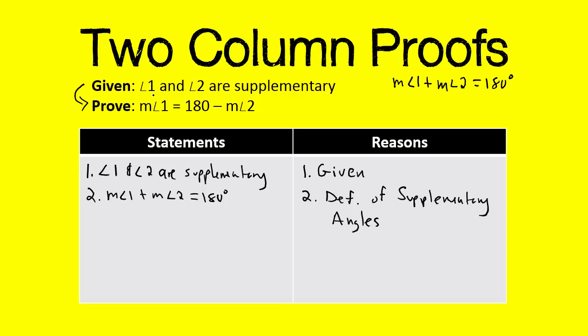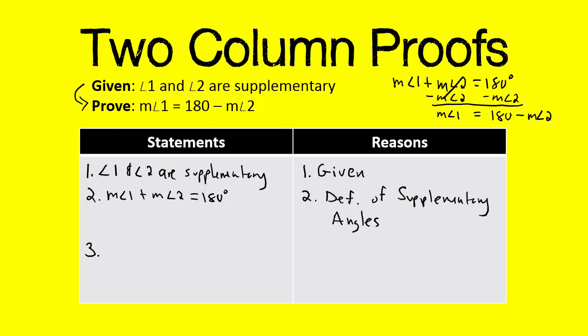And I want to isolate the measure of angle 1 because I can see that if I subtract the measure of angle 2 from both sides of this equation, I'm going to get the term measure of angle 1 on the left side by itself. And these are not like terms, so I'm just going to write out 180 minus the measure of angle 2, which is what I was trying to get to for my proof part.